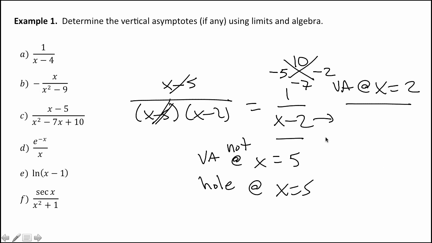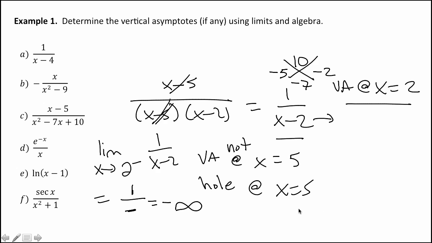Now let's go ahead and evaluate the one-sided limits. You're going to do the limit as x approaches 2 from the left side of 1 over x minus 2. You're going to plug in a number just to the left of 2, such as 1. 1 over 1 minus 2, you're going to get 1 over a negative number. Positive 1 divided by a negative number is going to give you negative, so it's going to be negative infinity.